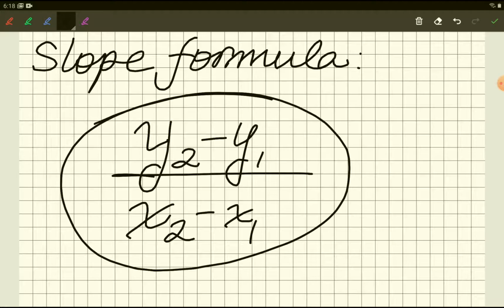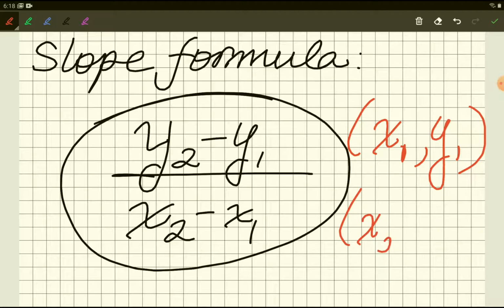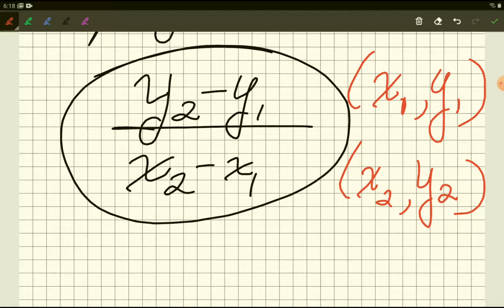I'm going to link both videos. So, given 2 points, x1, comma, y1, and x2, comma, y2. So these are just 2 coordinates. So this is point 1, this is point 2. Okay, so I just named it based on the point.